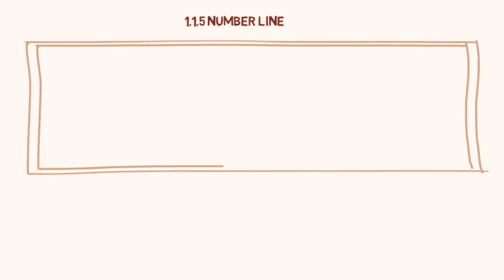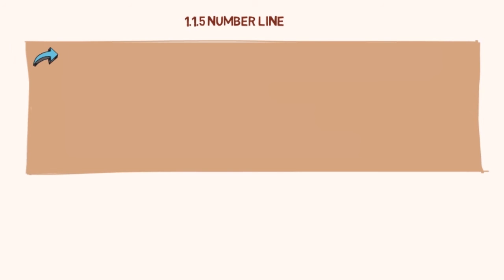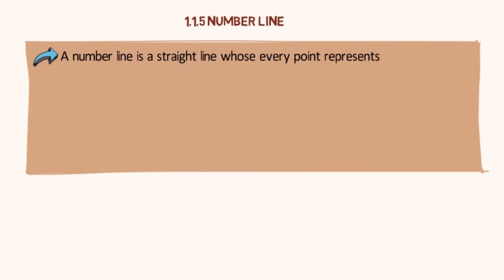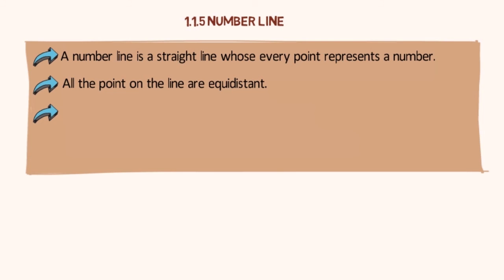Number line. A number line is a straight line whose every point represents a number. All the points on the line are equidistant. Each point on the line is marked with a number.